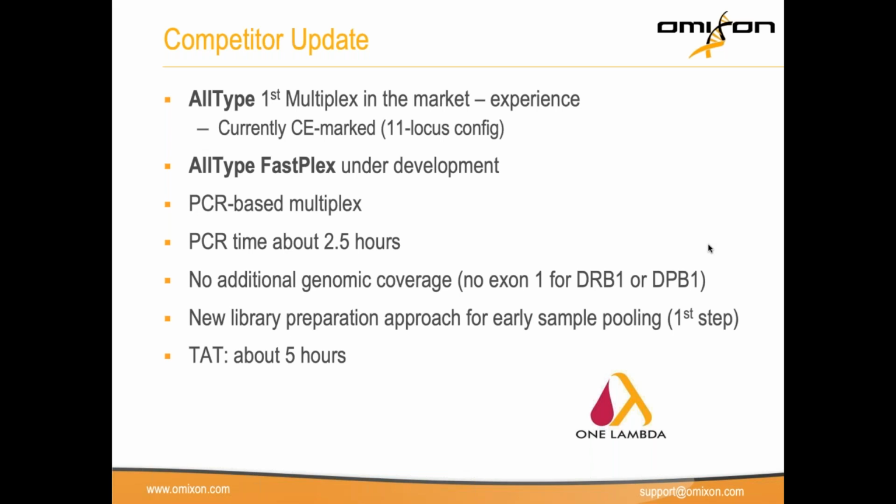The turnaround time will be approximately 5 hours, which would make this the shortest workflow in the market, but very, very close with the OmniType. So the two products are expected to be very comparable in that sense.